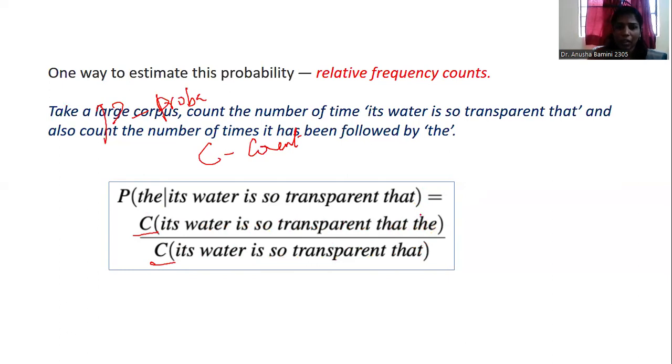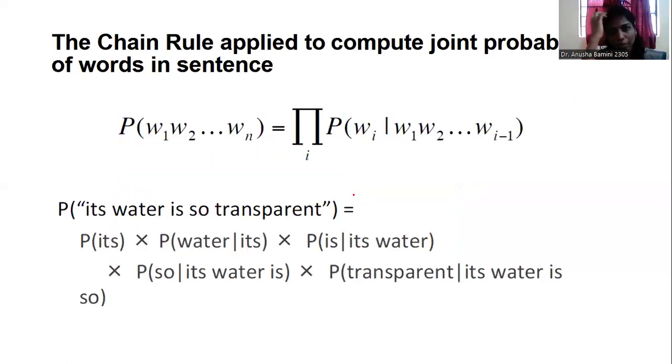This is how the count is calculated to get the probability of the in a given statement. When we are solving the problem, you can easily understand. Every probability of a word can be found, and everything would be multiplied to get the final probability.